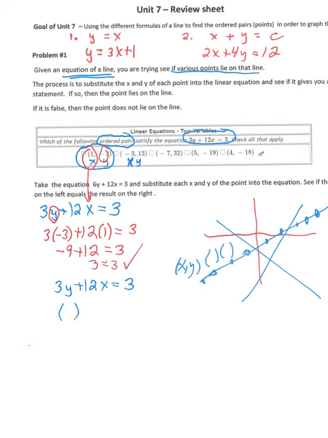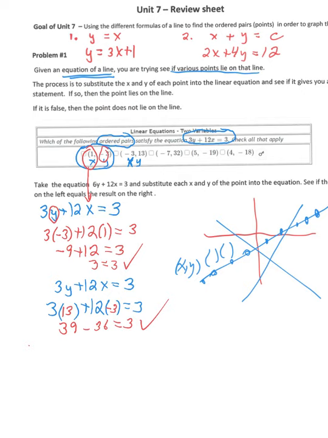So the y gets plugged in next to the 3, and I have an x that's going to go here. I'm going to put those values in. So the y is 13, and the x is negative 3. When I multiply that, I get 39. When I multiply this, I get 36. 39 minus 36 equals 3. That one is also true.